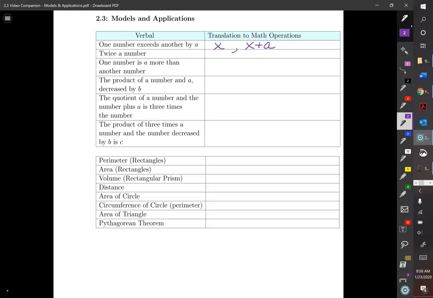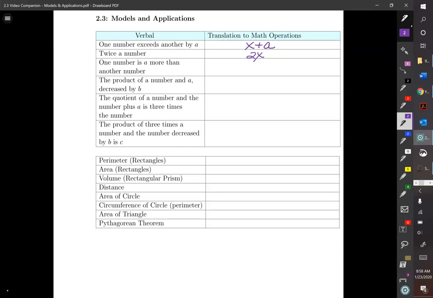If I have twice a number, so really actually don't need to write the x there. Just the x plus a. Twice a number would be 2x. Some of these you probably are pretty familiar with, so I'm going to leave those for you to do. One number is a more than another number. The product of a number and a decreased by b.